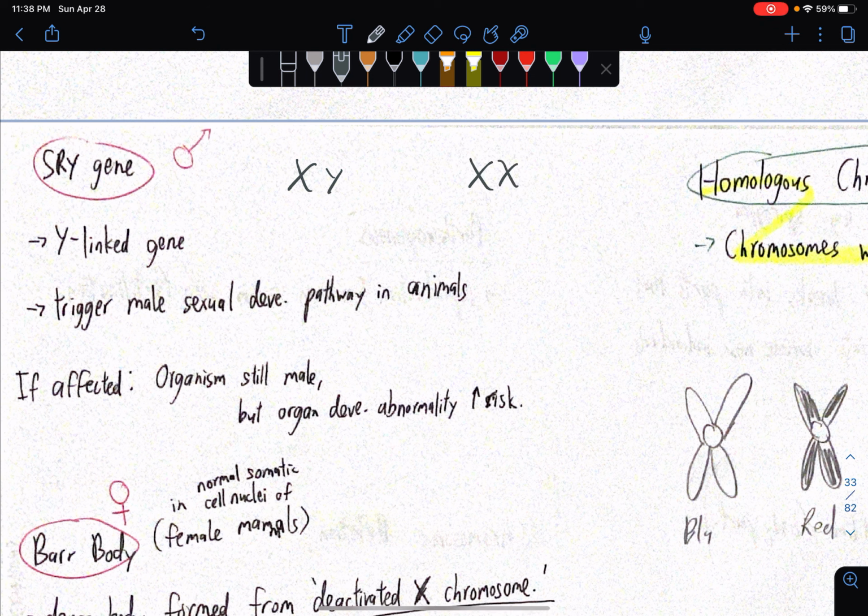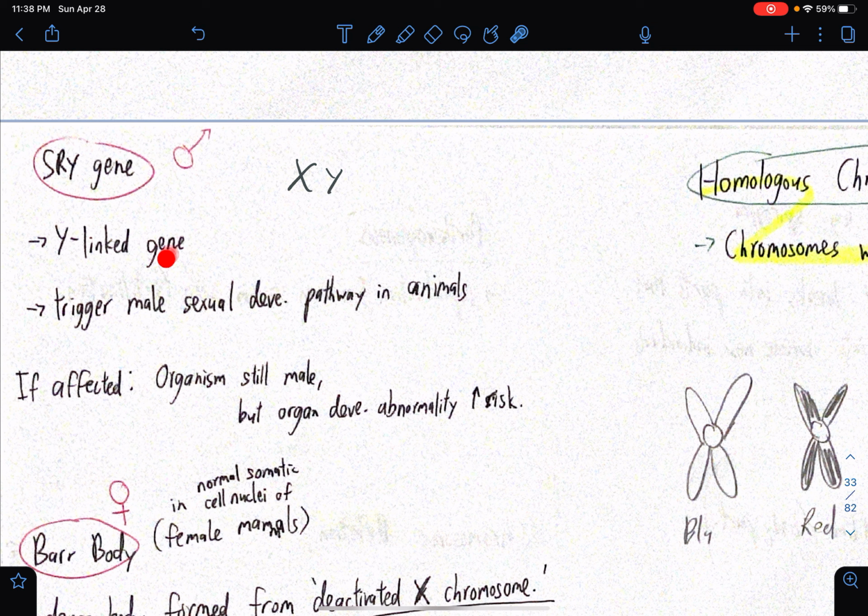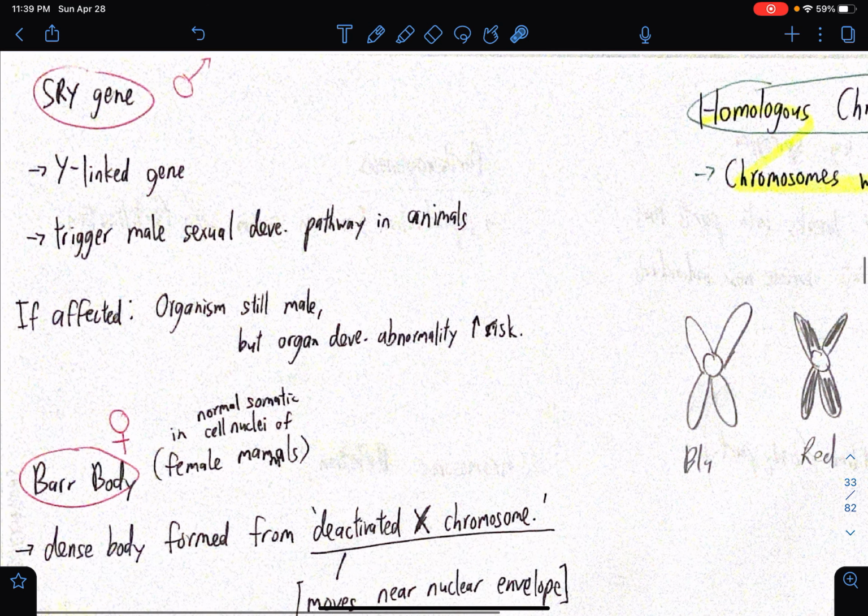Females have XX. So because it's a Y-linked gene, it doesn't relate in any way to females, only males. And yeah, if affected, organism is still male, but organ development abnormality is increased in terms of risk.